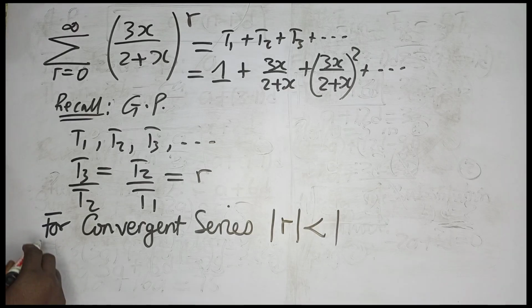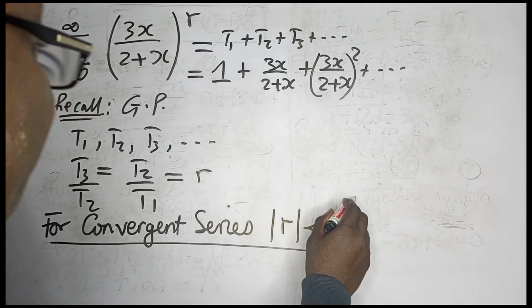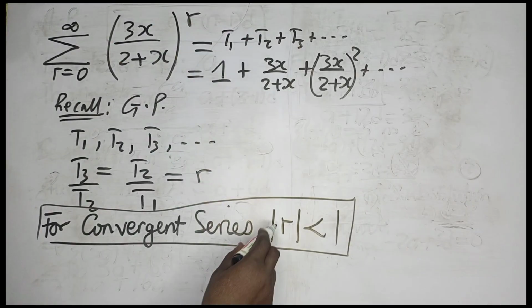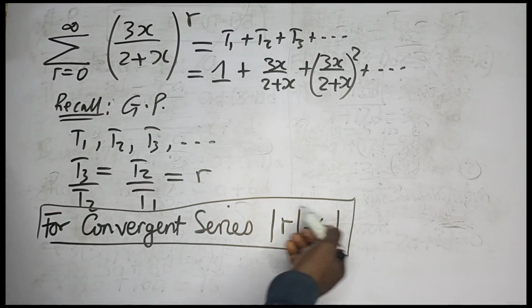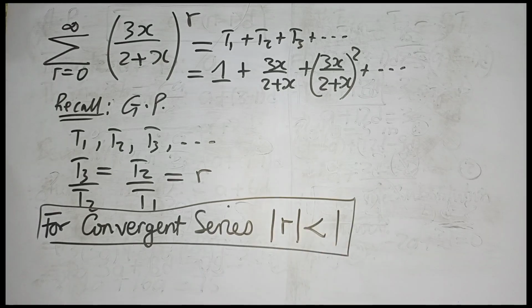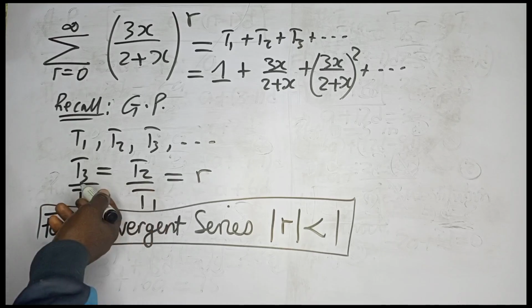So we need to find the common ratio in this series, and then solve for the set of values of x for which this inequality is valid. That is the work we need to do here. So what is the common ratio?